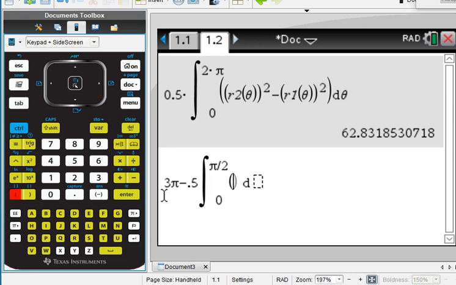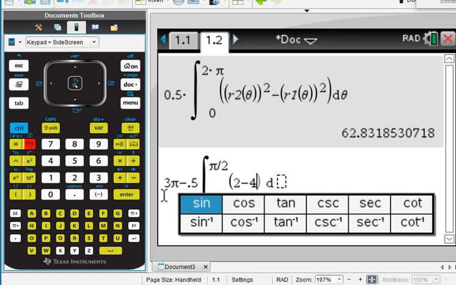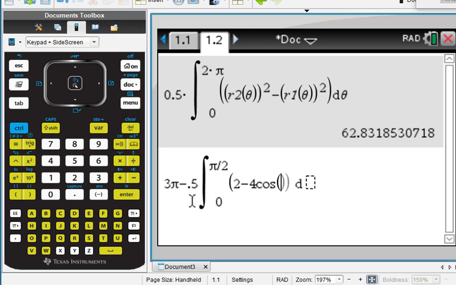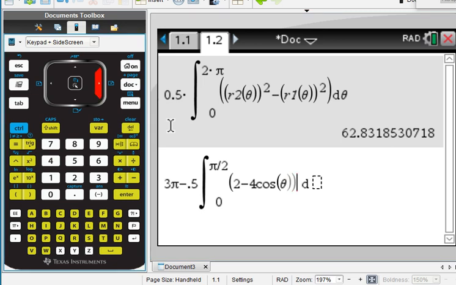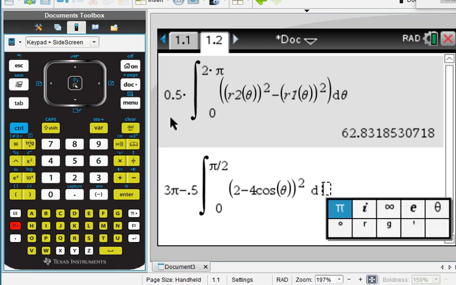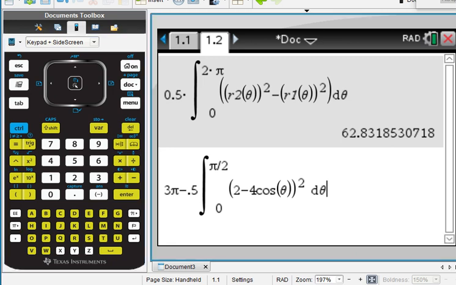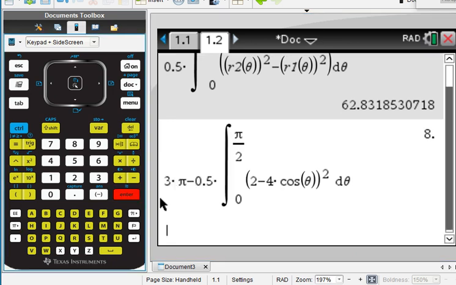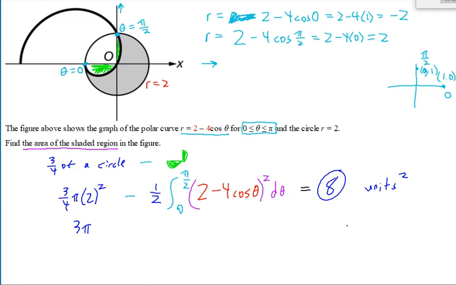Parentheses, 2 minus 4 cosine, again you can use x or theta, just be consistent, whichever you use, and that gets squared times d theta. And we get 8 that way too. And that concludes the notes for AP Calculus on the topic of polar equations, advanced area problems.